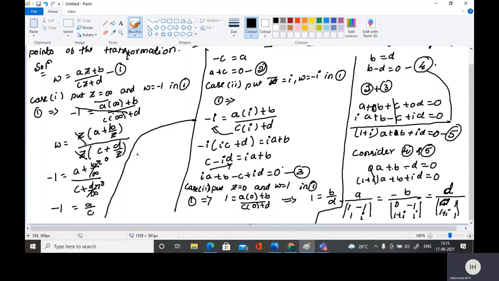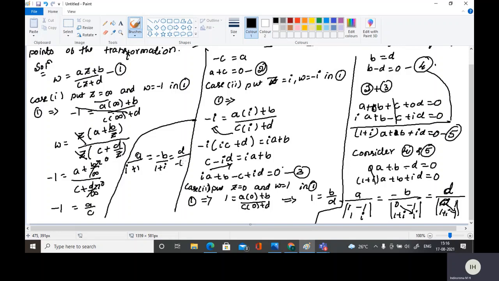Next, A by the determinant: 1 into i is i, minus into minus plus, 1, so i plus 1, right? Next, minus B by the determinant: 0 into i is 0, minus into minus plus, 1 into 1 plus i is 1 plus i. D by the determinant: 0 minus (1 plus i).